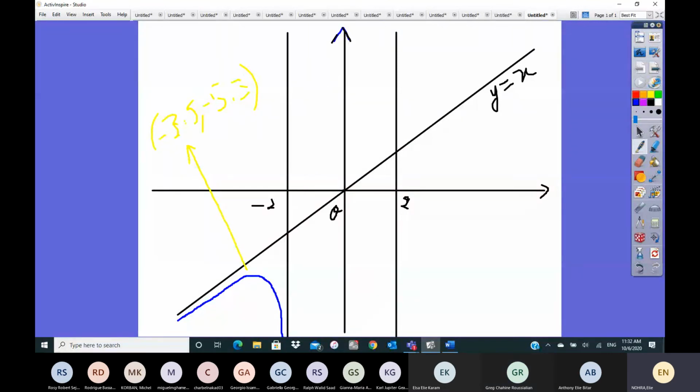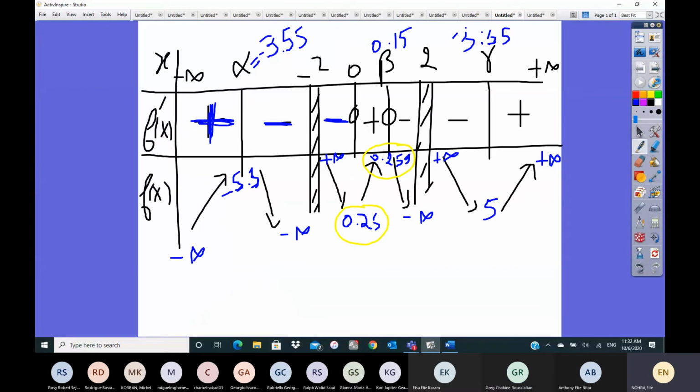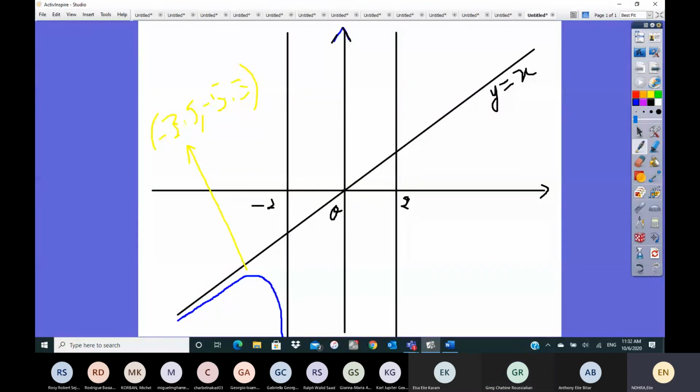It decreases to the point, which point? To 0.25, then increases, then decreases another time. And the last one is set like this.